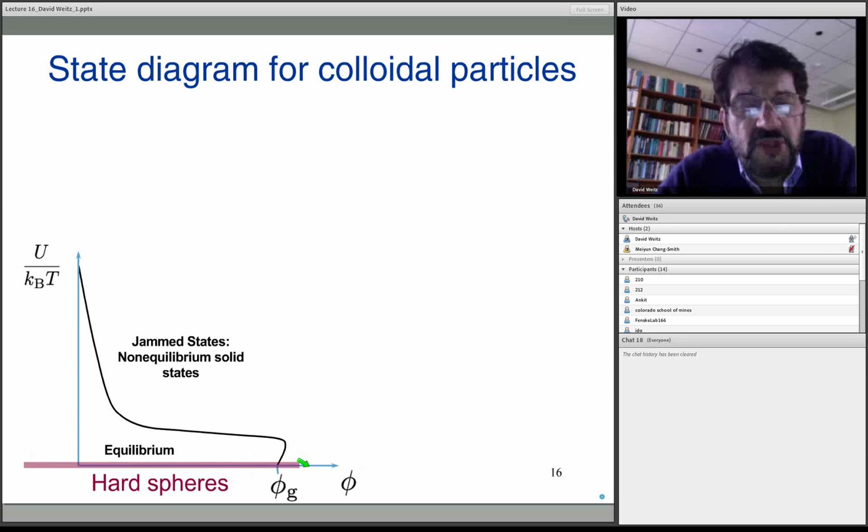I won't describe that in detail, but briefly, hard spheres are known. This is one of the great successes of computer simulation. It's known that hard spheres actually crystallize purely for entropic reasons at a volume fraction of around 49%, and they coexist between a crystal and a fluid between 49 and 54%. Above 54%, they're completely crystalline. But for hard spheres, it's just along this line.